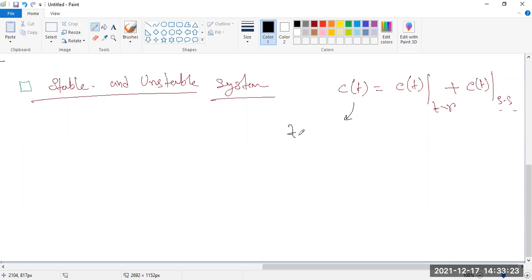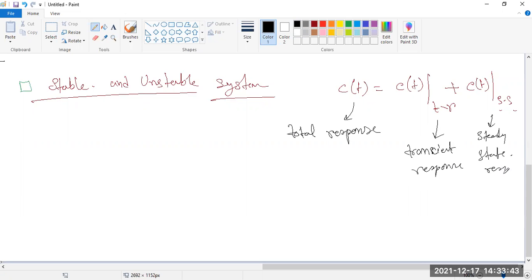If the transient response tends to zero, or whenever it reaches zero, then the system becomes steady. Then only is it a stable system.